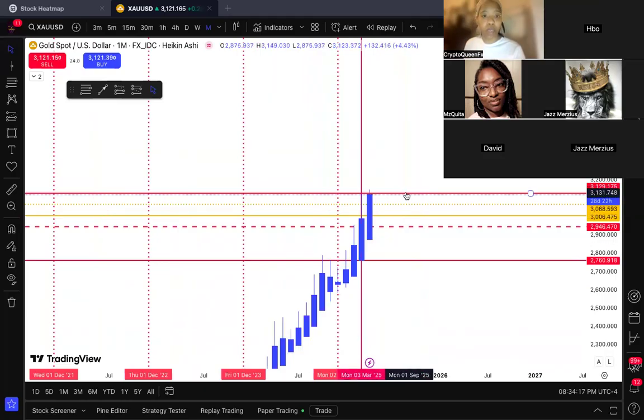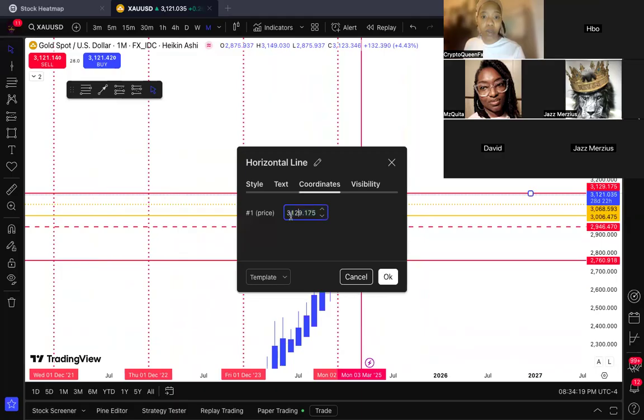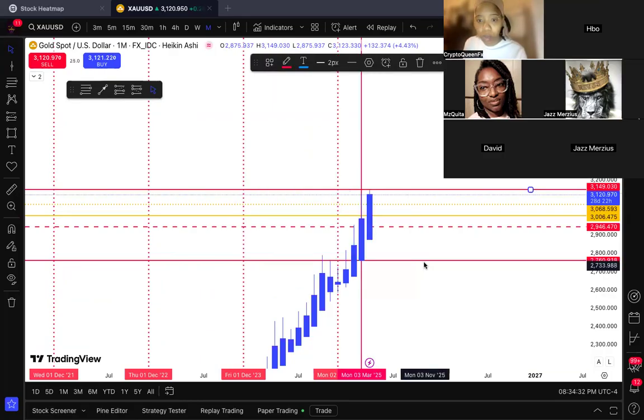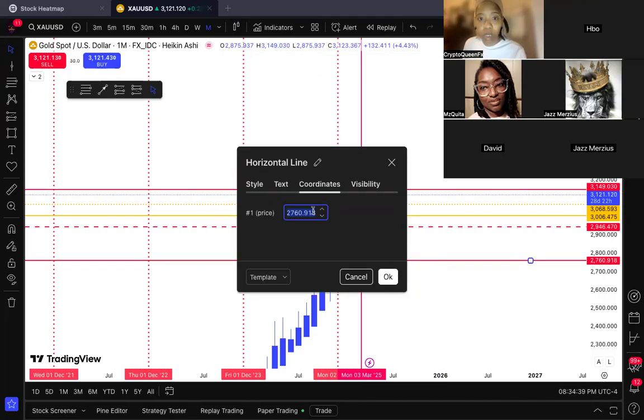The monthly high is 31.49.030. Monthly low 28.75. 37.